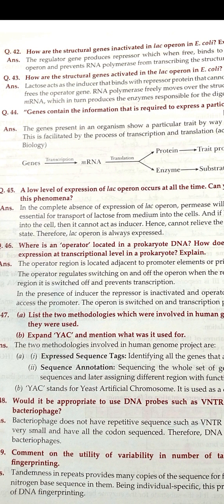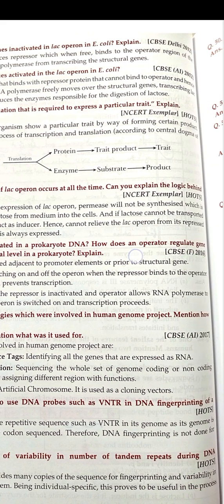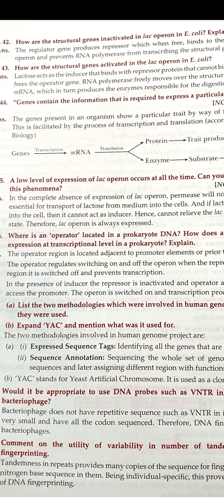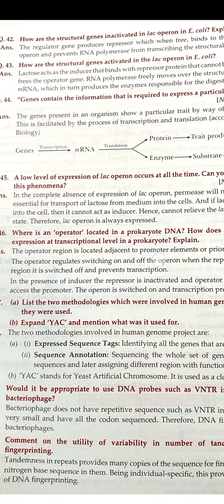So answer is the regulator gene produces repressor which when free binds to the operator region of the operon and prevents RNA polymerase from transcribing the structural genes. Now, next question is 43. How are the structural genes activated in the lac operon in E. coli?